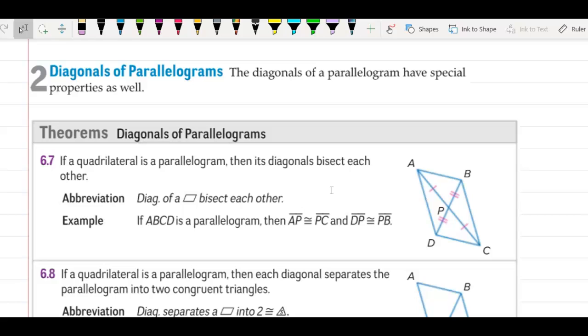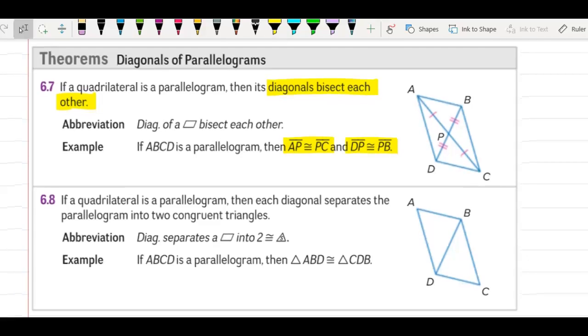Okay, if we have a parallelogram, the diagonals bisect each other, meaning they split each other exactly in half. So we would have AP congruent to PC, and DP congruent to PB. That's not to say that all 4 pieces we've now created are the same, but the 2 pieces of the same diagonal are the same.